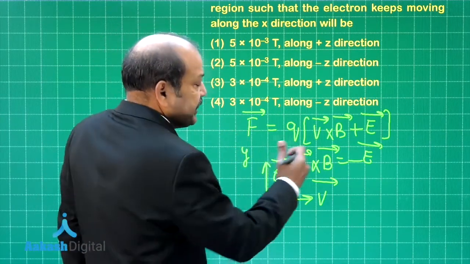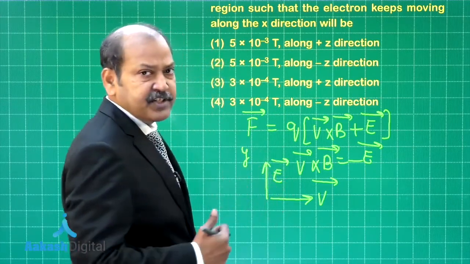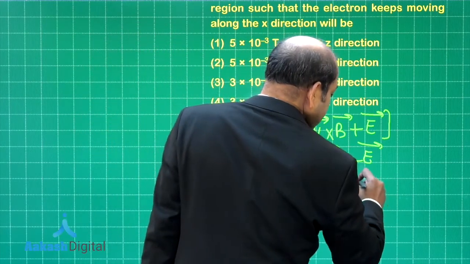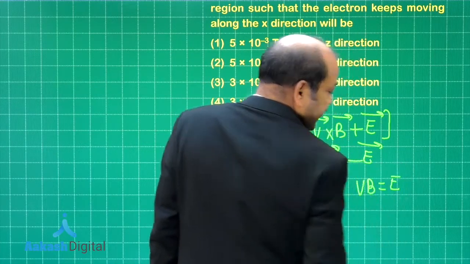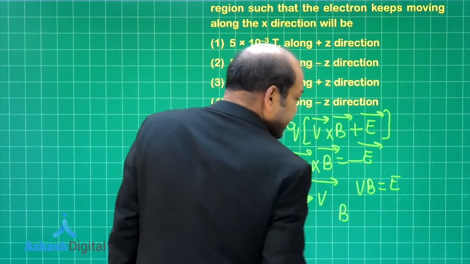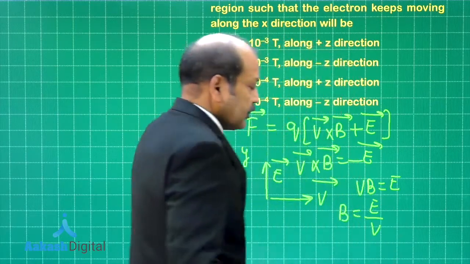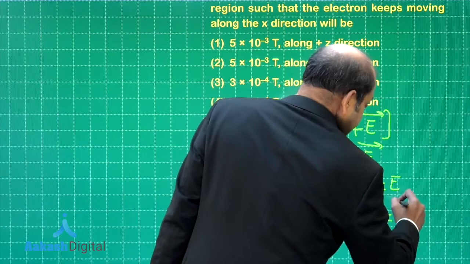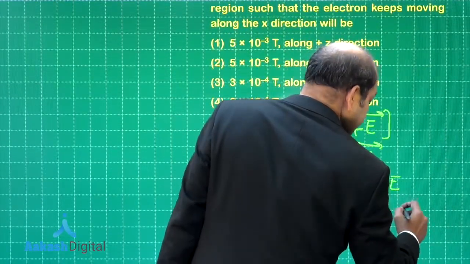Now, since V and B are mutually perpendicular in this particular case, because we are considering B along the positive z direction, we have for magnitude V into B is equal to the magnitude of E, and that gives us the magnitude of the magnetic field B as E divided by V. Now, the values are given to us. The value of E we just discussed is coming out as 3 into 10 to the power 4 SI units.